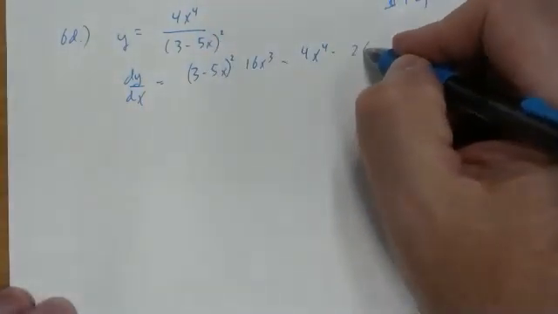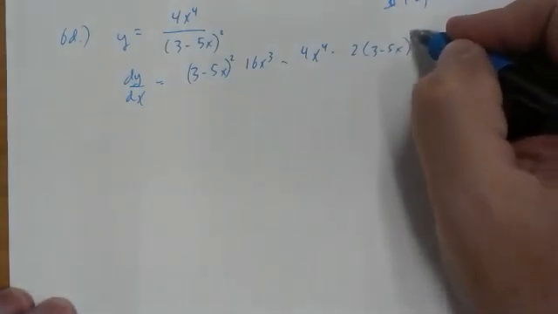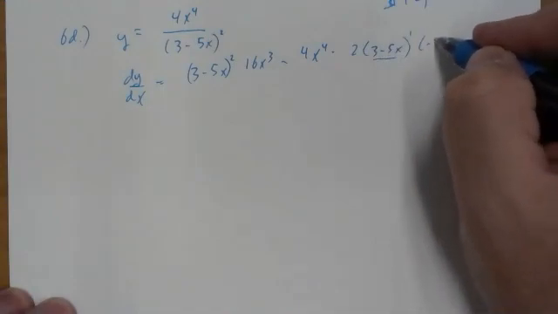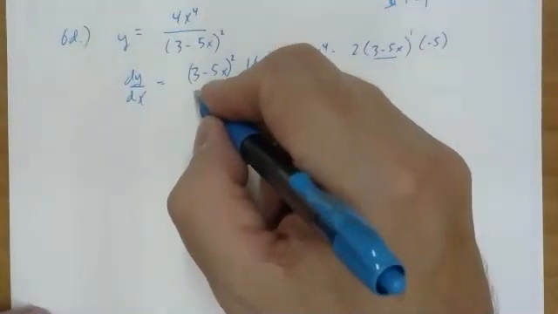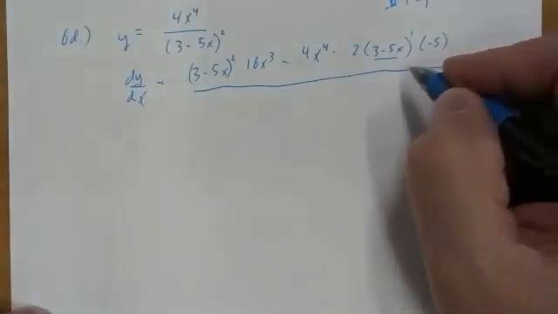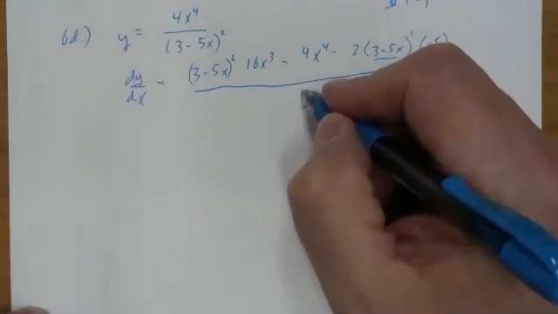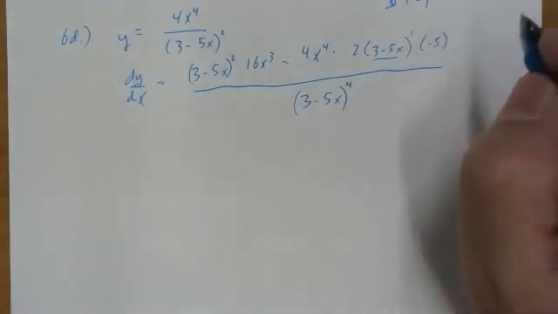So the 2, you copy down the parentheses, you subtract 1, and then you multiply by the derivative of what's inside the parenthesis. And then you take the denominator and you square it, which means it becomes to the fourth.